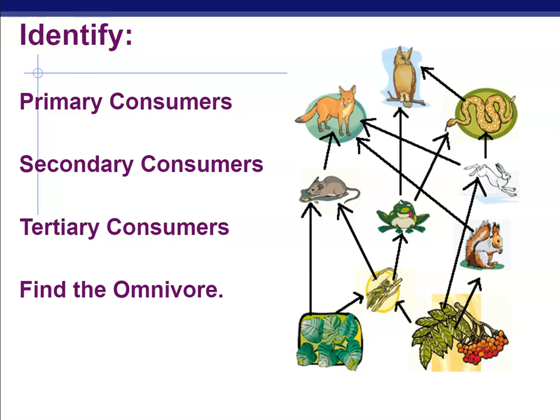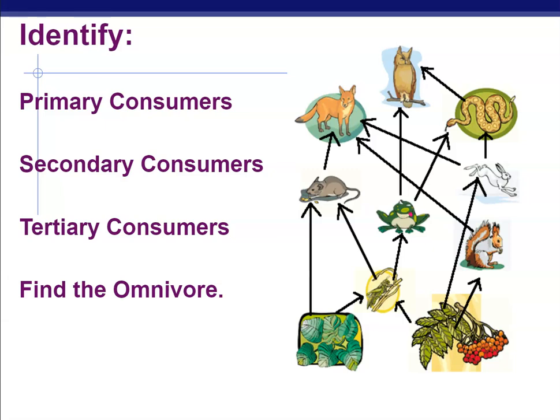If you've gone through, you should be able to identify an example of a primary consumer would be the grasshopper or the squirrel or the rabbit. Secondary would be your frog, your fox.